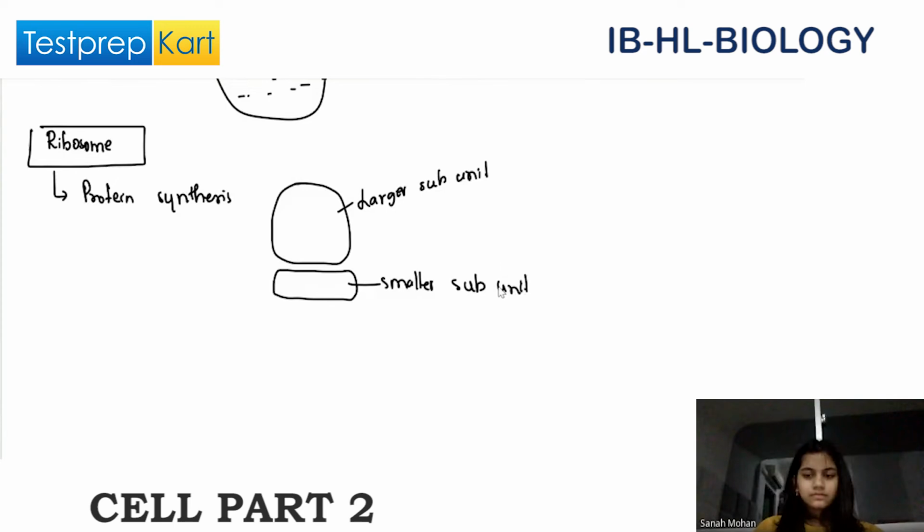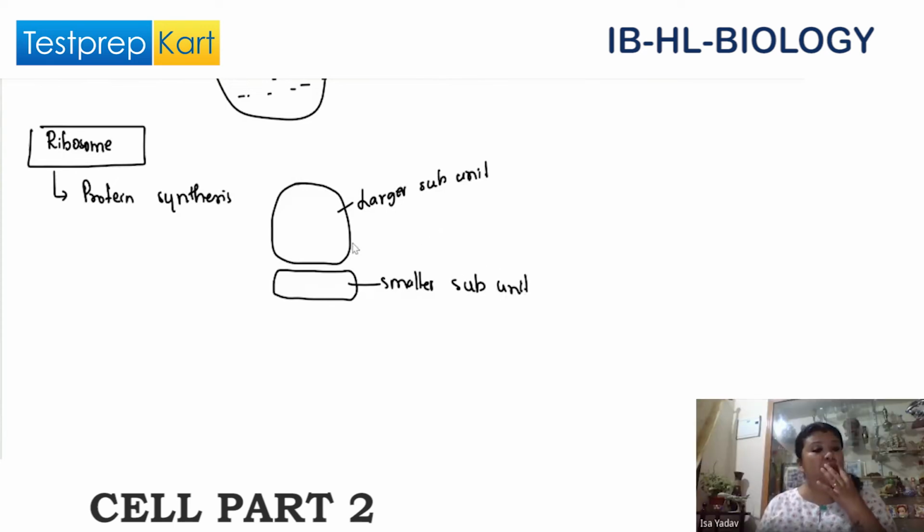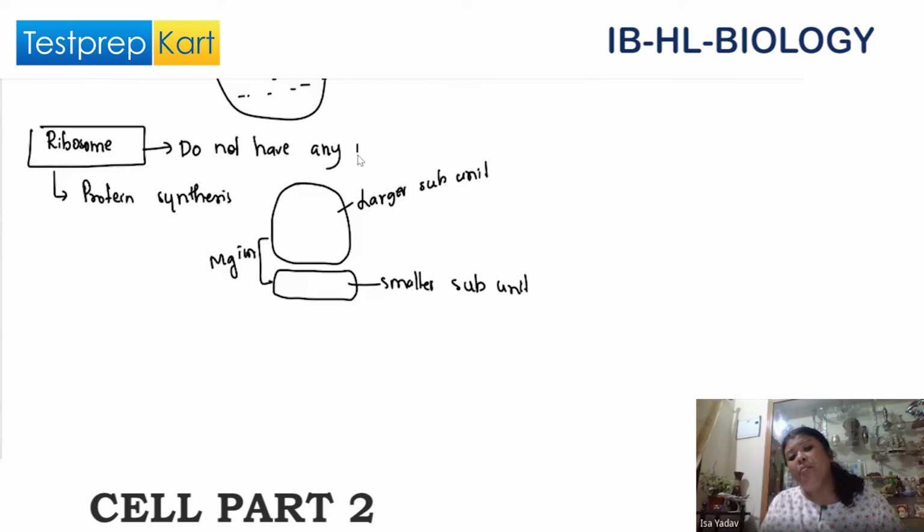Both the subunits are kept together by magnesium ion. This is the structure of ribosome. Ribosomes do not have any membrane.